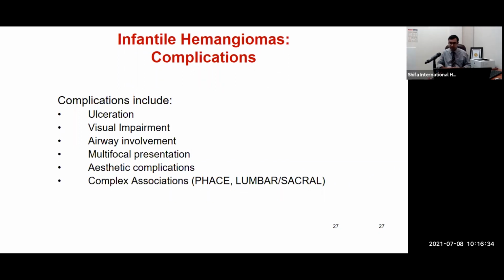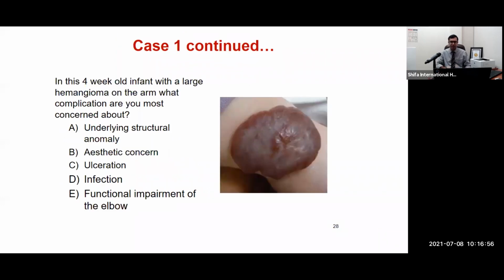As you can understand, you see a child who is 4 weeks, 6 weeks old and has this hemangioma. Remember, in the first 2 to 3 months, it does grow very rapidly. So if it is involving the upper respiratory tract and grows suddenly, it will result in airway compromise. So do consider these things in the back of your mind. And then obviously aesthetic complications.